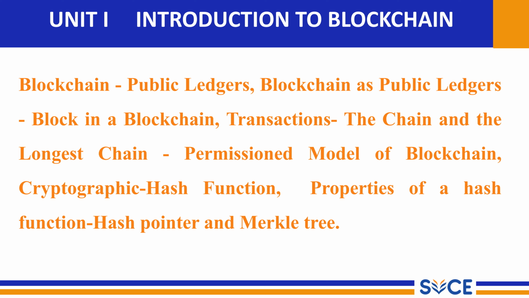Another critical part of blockchain is cryptographic hash functions. We will discuss how they secure the data and maintain integrity. We will learn about hash pointers, which link blocks together securely, and we will also discuss Merkle trees, which help verify transactions efficiently.